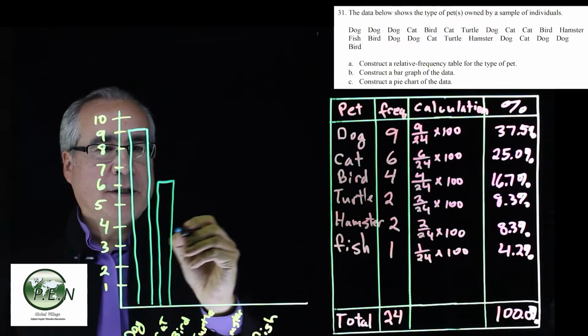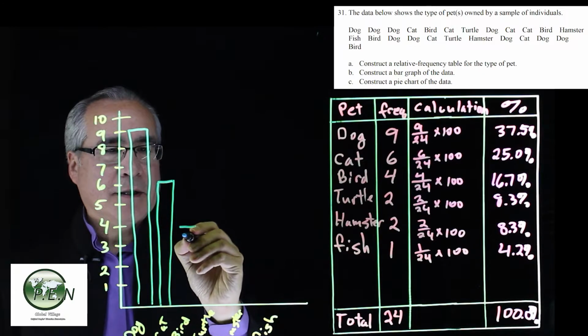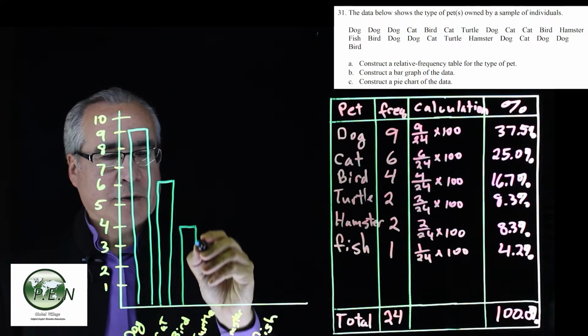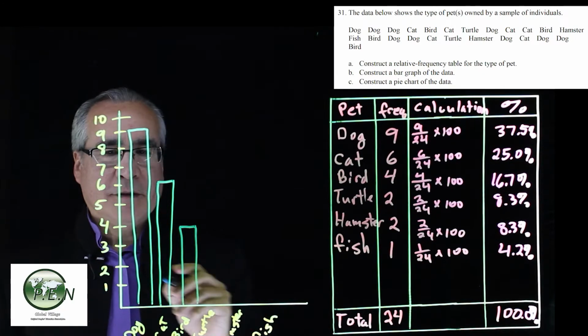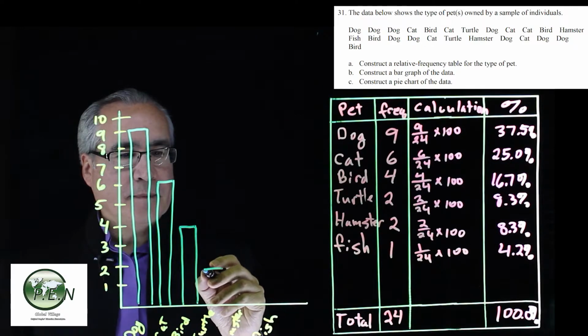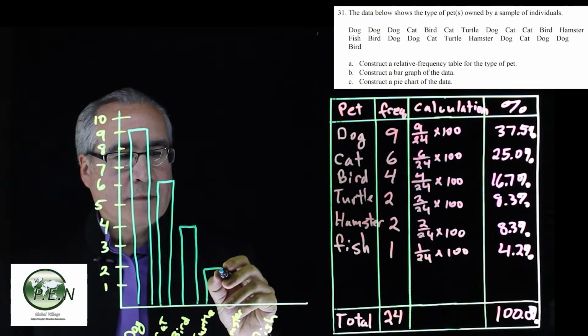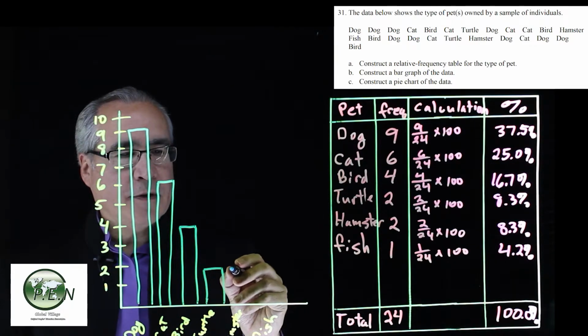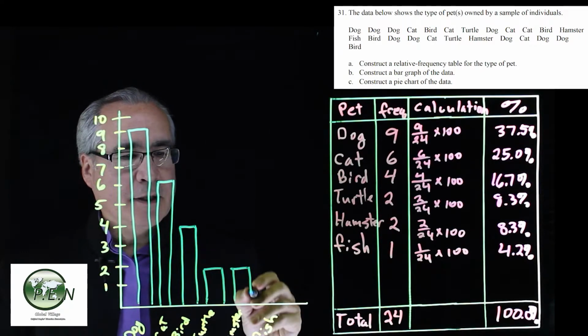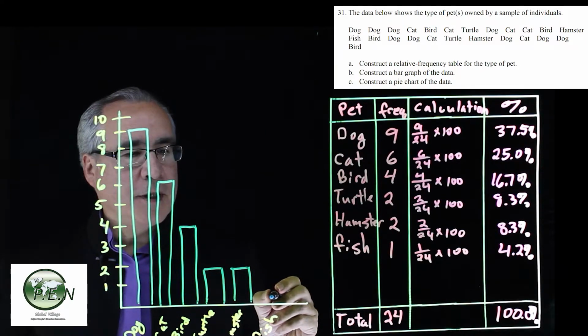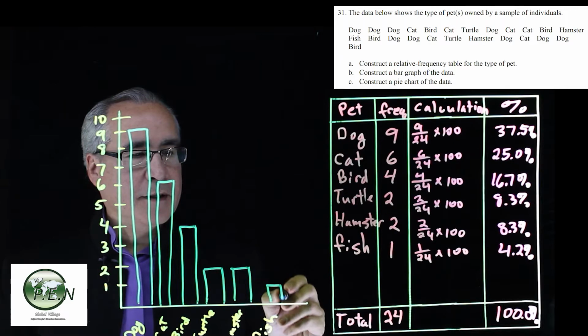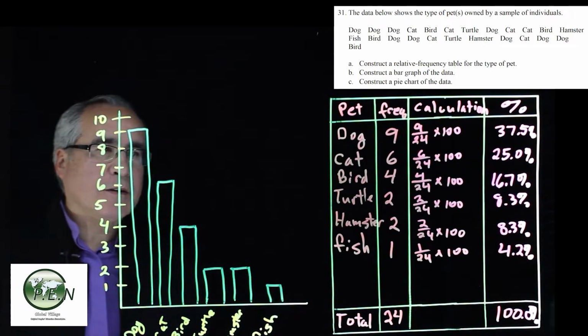Birds, we've got 4. A little scrunched here, but we're okay. Turtles have 2. And hamsters have 2. Fish, there is 1. And that's our bar chart.